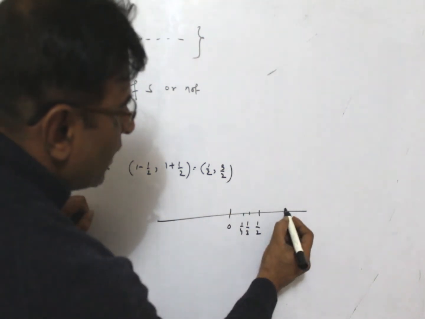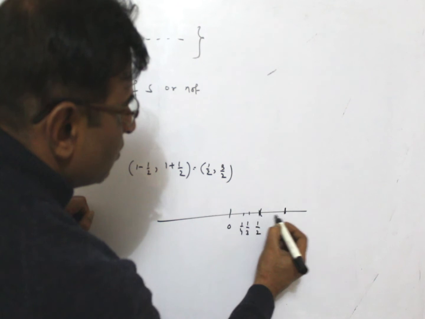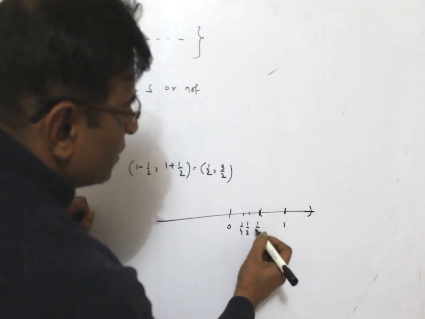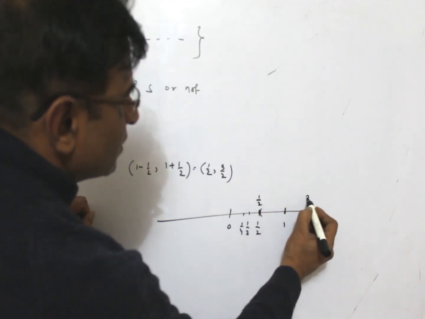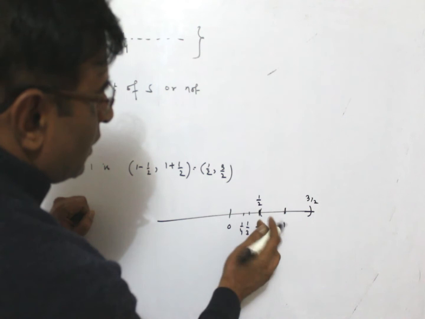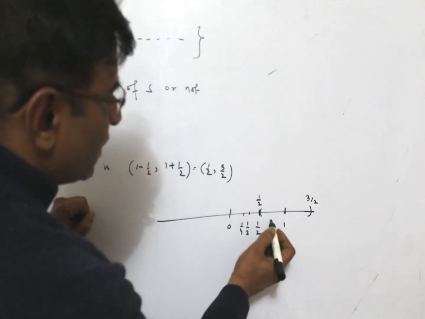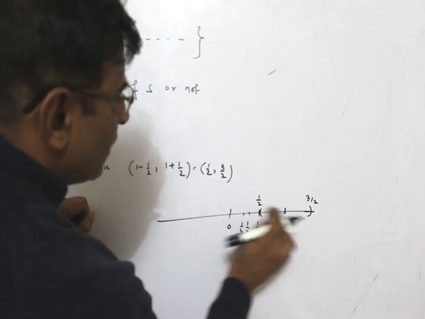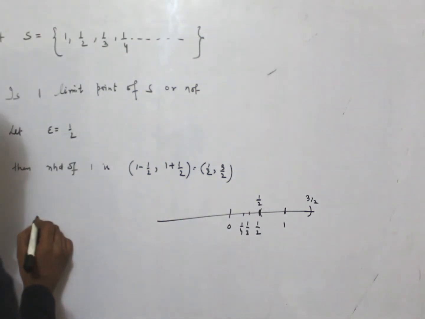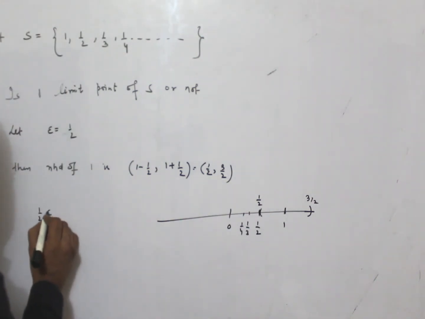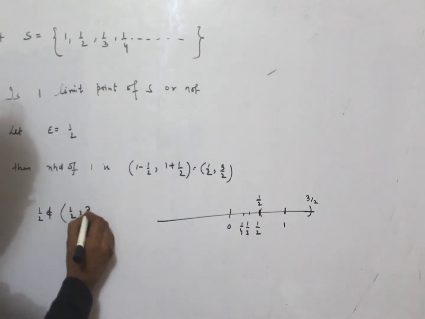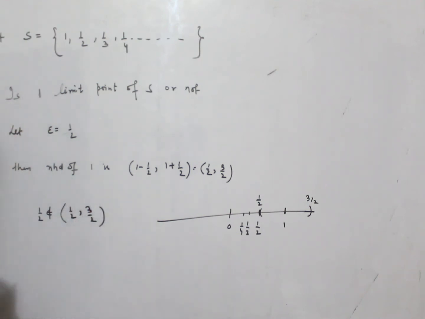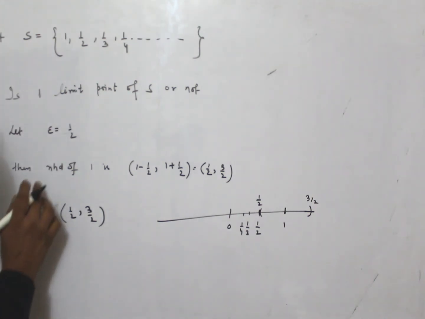If I draw this neighborhood from this point to this point, this is 1 by 2 and this is 3 by 2. Now because this is an open interval, 1 by 2 is not an element of the interval 1 by 2, 3 by 2. That means what? What do you say?